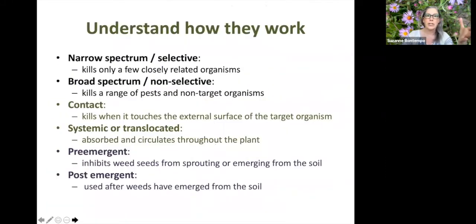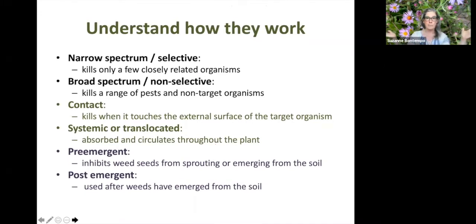Another thing I like to share is to understand how these products work. They're broken up into a lot of different categories, and this is where things start to get a little complicated. So herbicides can be a narrow spectrum select herbicide, which means it could be like a broadleaf weed killer for a lawn. It's only going to kill those broadleaf weeds and not the lawn.